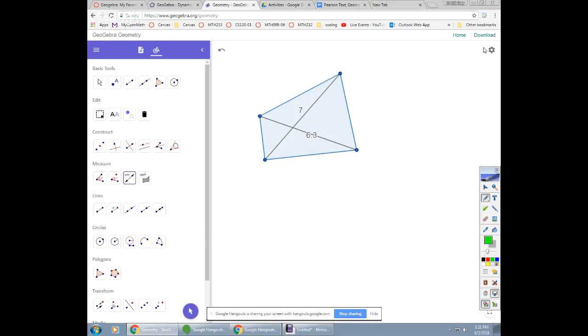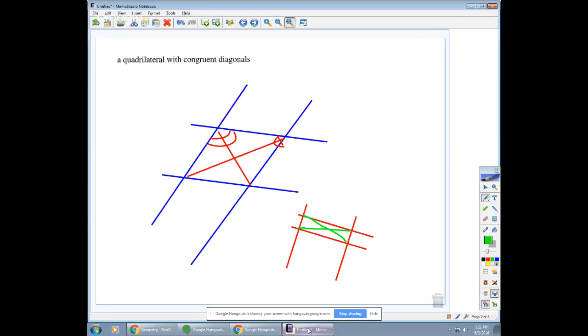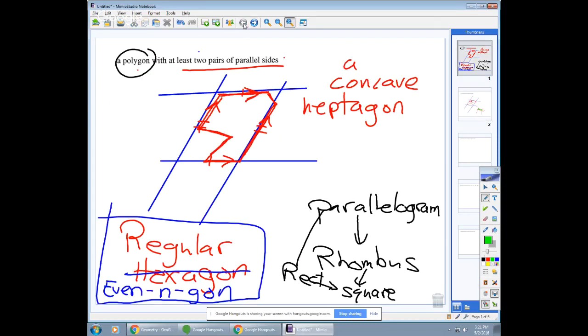Yeah. So I drew it on top of my parallelogram. So this side right here, let's use a highlighter. This side right here is parallel to that one, so there's 1 pair. And then this side right here is meant to be parallel to that one. Okay, so it could potentially.